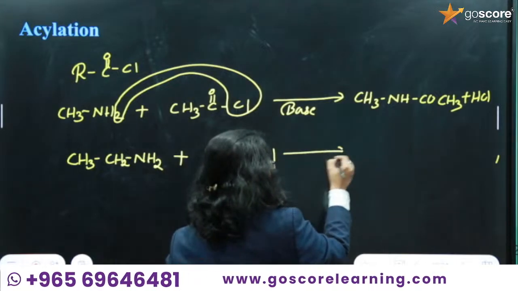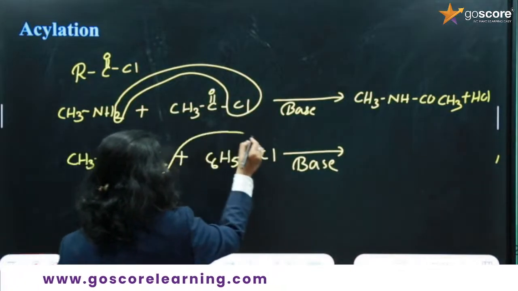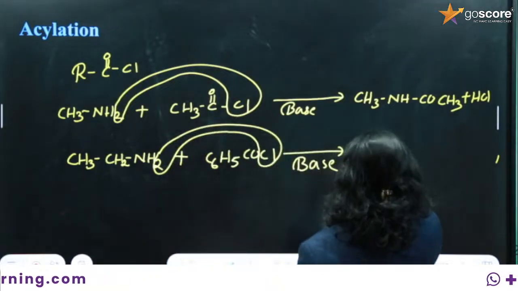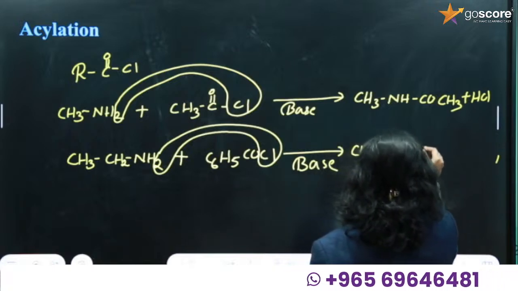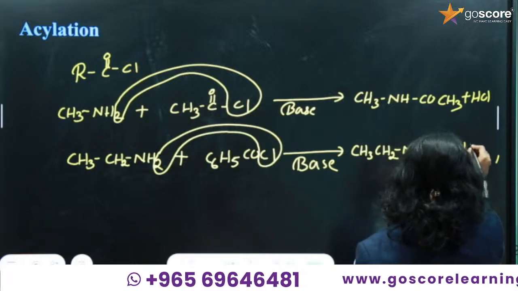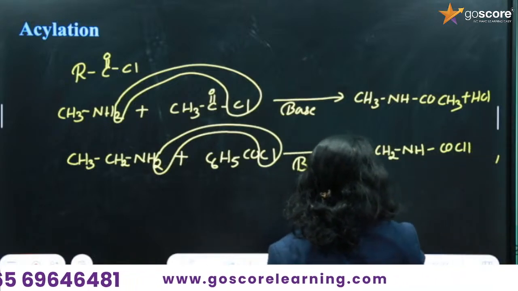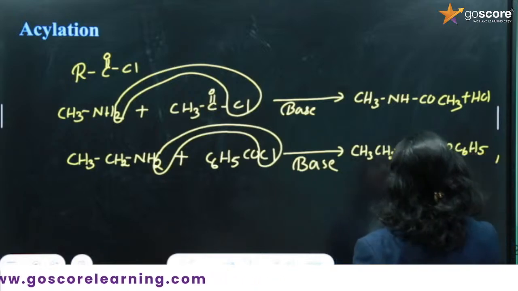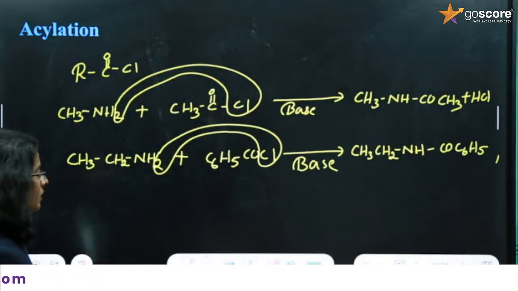In the presence of base, remove the HCl and you will get the amide, that is CH3CH2NHCOC6H5. N-ethyl benzamide will be obtained.